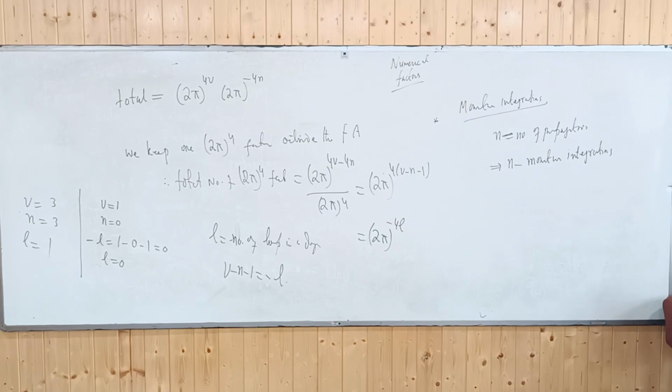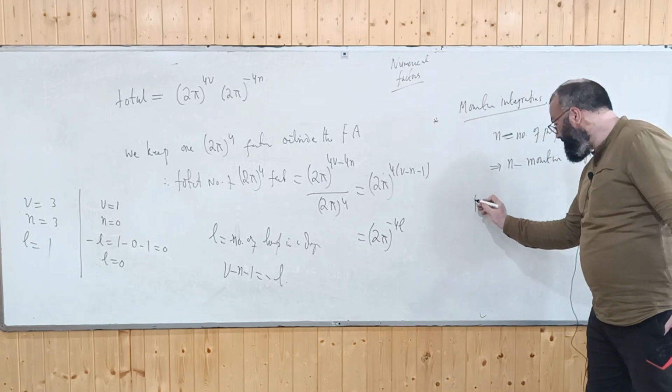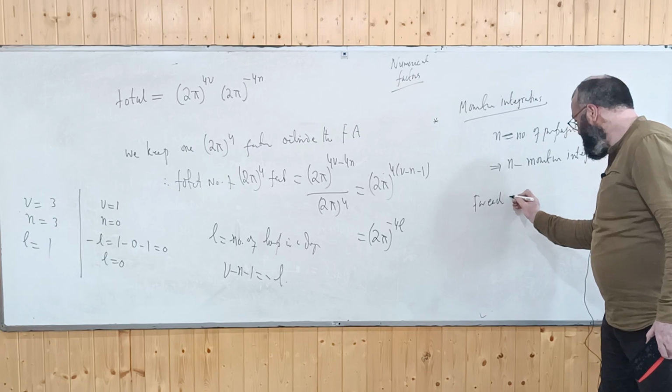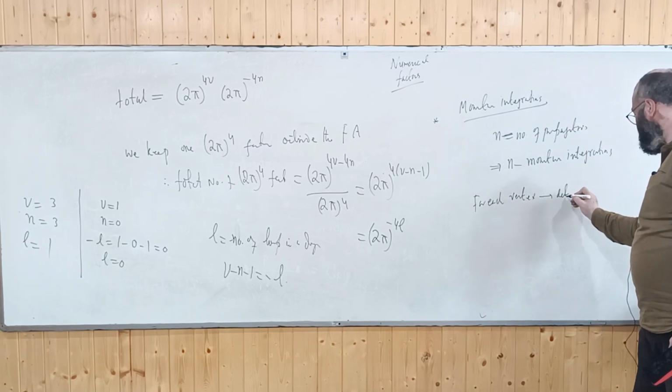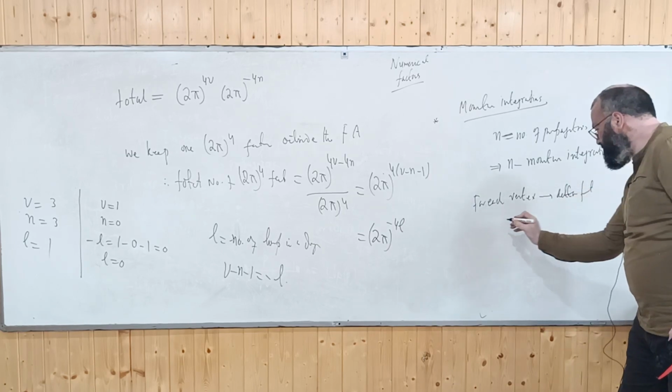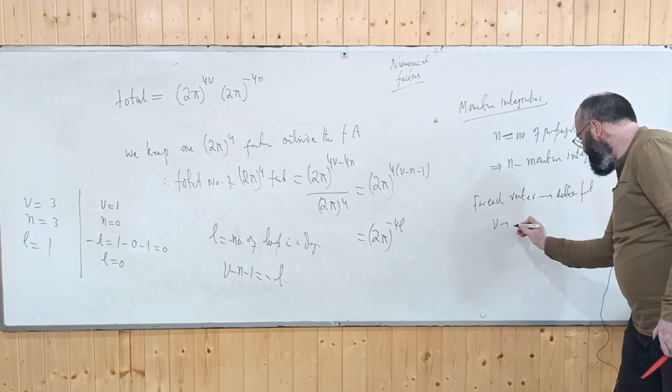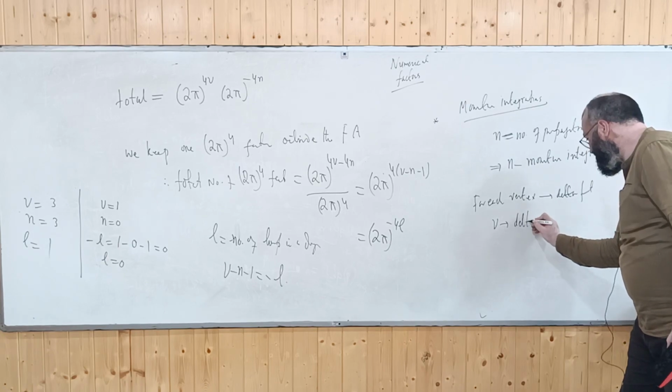But how many delta functions are there? There are V delta functions, because each vertex contributes a delta function. You have a conservation law for each vertex, so for each vertex you have a delta function. So you have V delta functions.